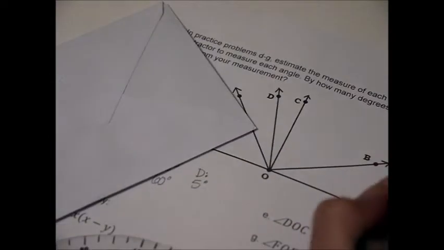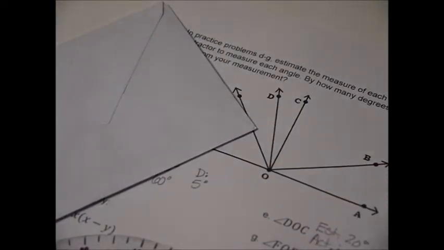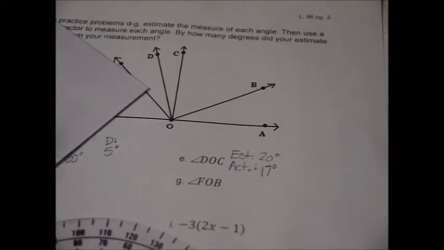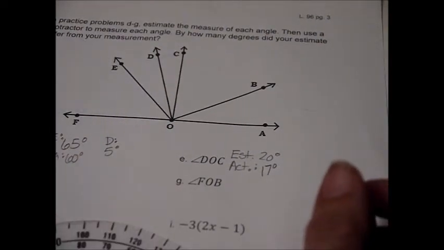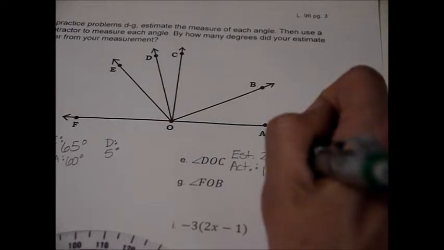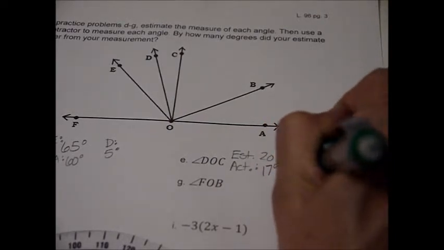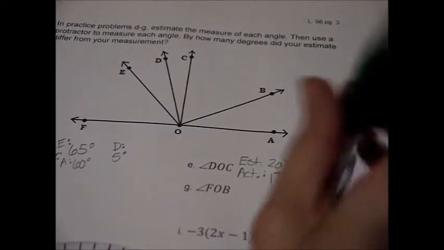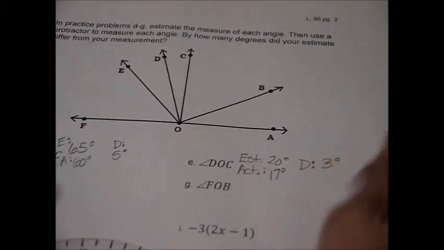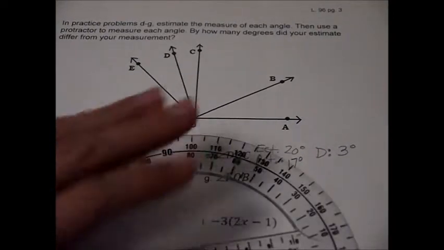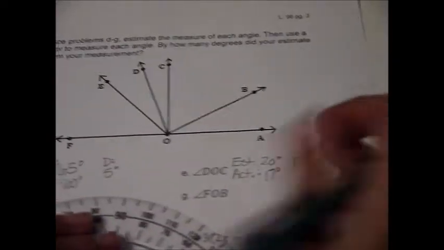It looks like it's going to be like 17. Okay, so I'm even having to estimate my actual because this doesn't have it down to degrees. All right, so my difference is 3 degrees. Now the answer key might be different than my actual, because like I said, my tool is not precise enough.